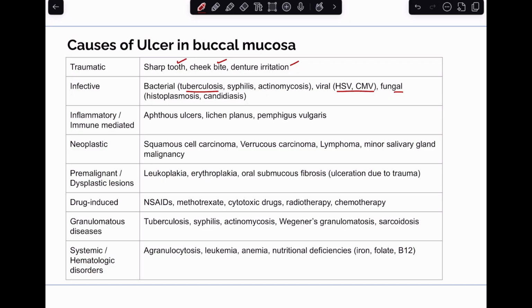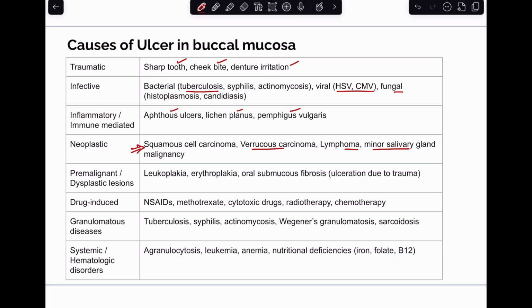So these are infective ulcer causes. Next, we can have inflammatory or immune mediated causes like aphthous ulcers, lichen planus, pemphigus vulgaris. Neoplastic causes, which we are discussing today, are squamous cell carcinoma, could also be a verrucous carcinoma or a lymphoma or a minor salivary gland tumor.